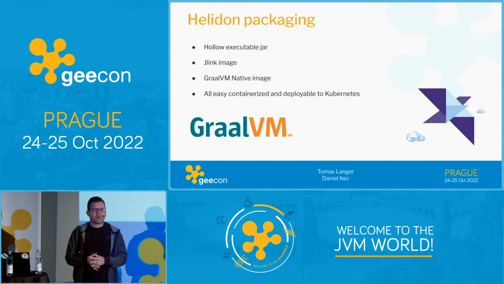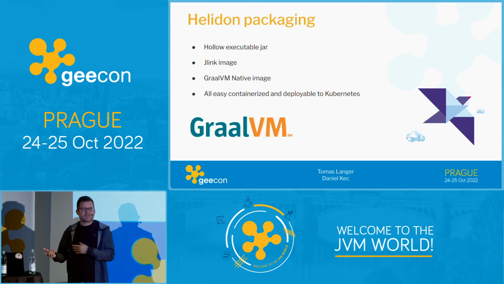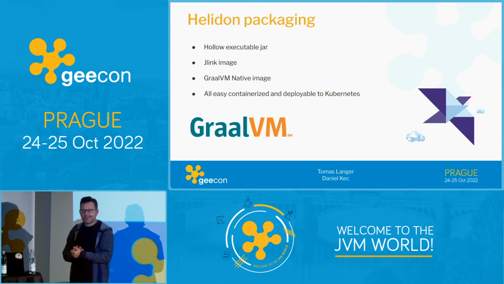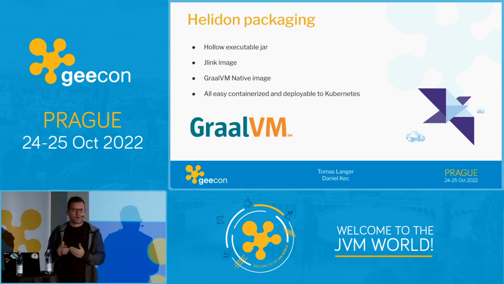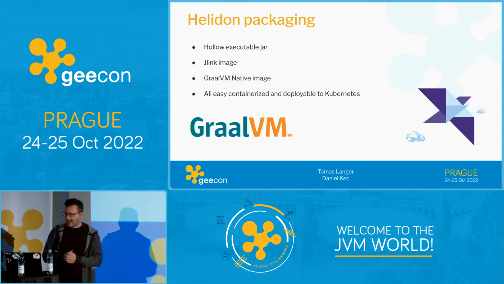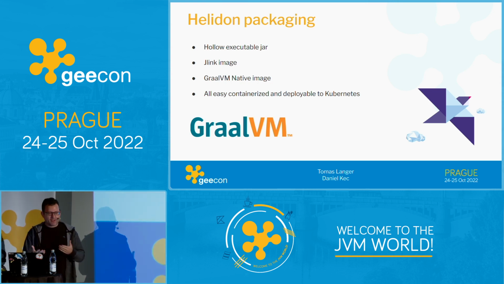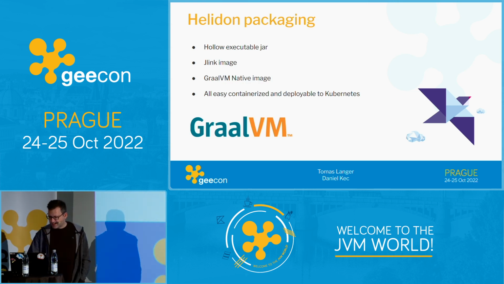So security is much higher. It has very fast startup time, because everything is already precompiled. There are some disadvantages. You don't have a just-in-time compiler, meaning that what you compiled at build time is what you have, no optimizations at runtime, so it tends to have lower runtime performance. And again, all of these packaging can be easily containerized and deployed to Kubernetes.